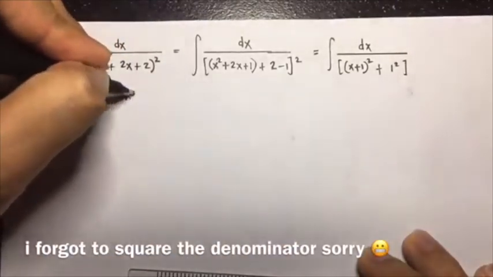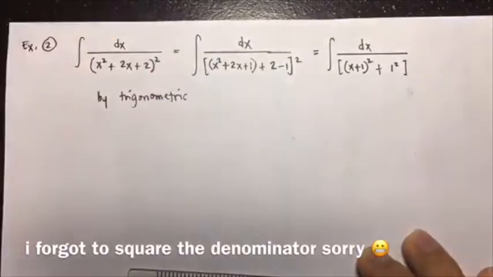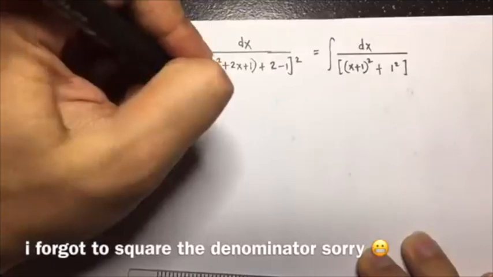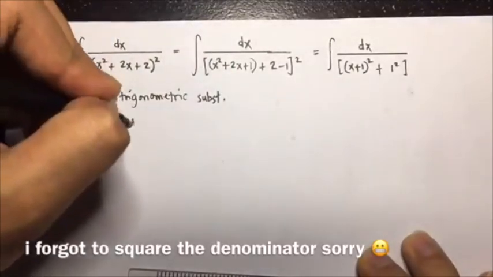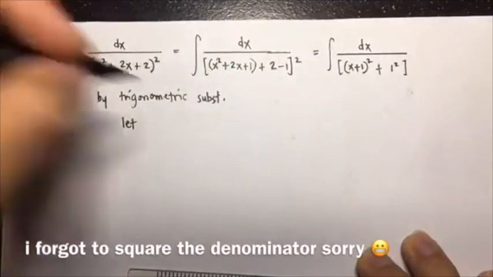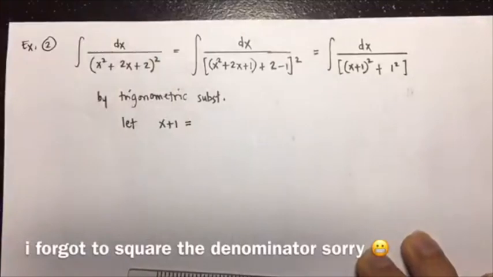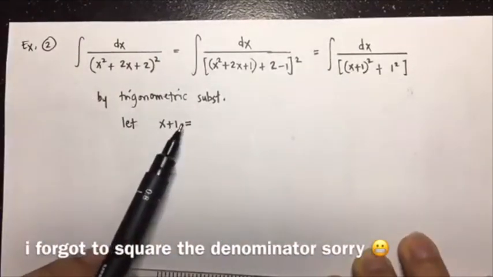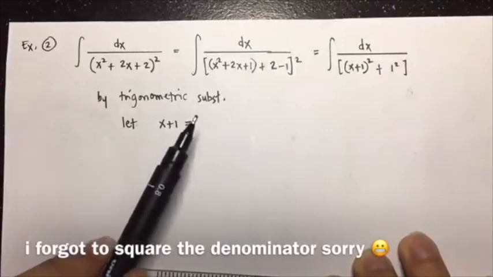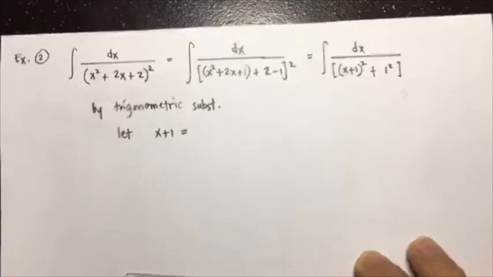By trigonometric substitution, we can let x plus 1 be a tangent, since our a is 1, so no need to write it here.